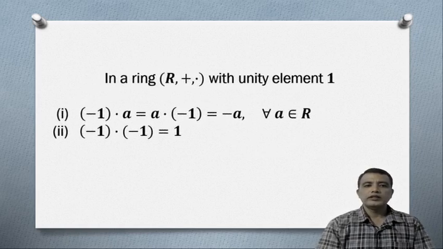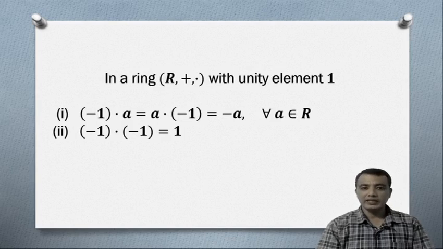Okay, next property. In a ring R, plus, into, with unit element 1, minus 1 into a is equal to a into minus 1, which is equal to minus a. And this is true for all a belongs to R, and minus 1 into minus 1 is equal to 1.